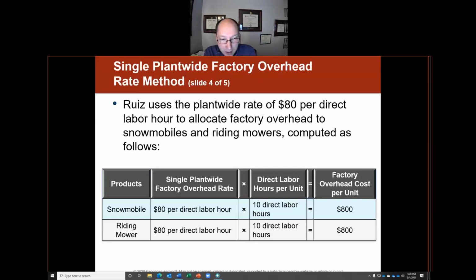So we take the $80 per labor hour of overhead and multiply that by the number of hours it takes to create one unit. That gives us $800. $800 is the amount of overhead that we would apply per unit.